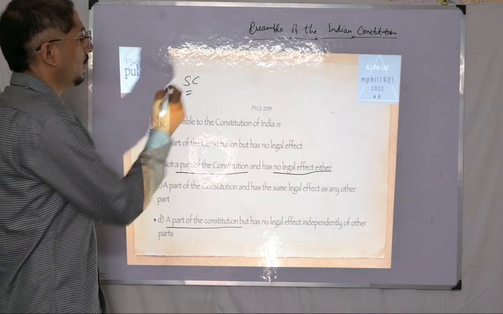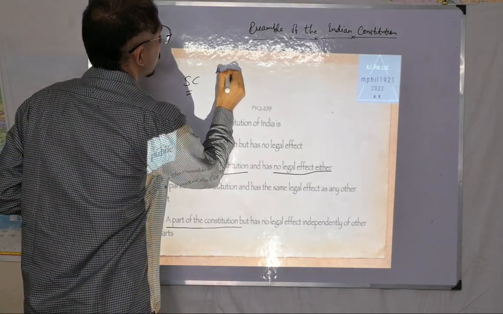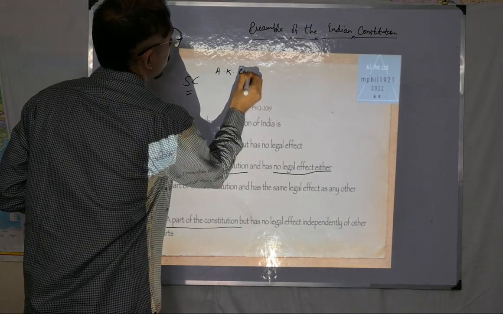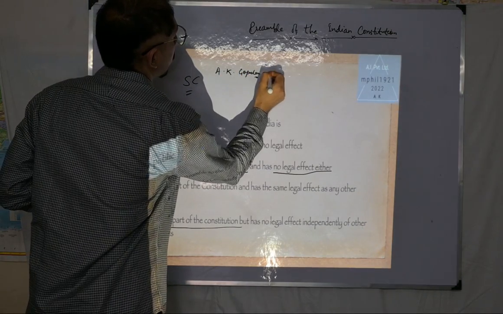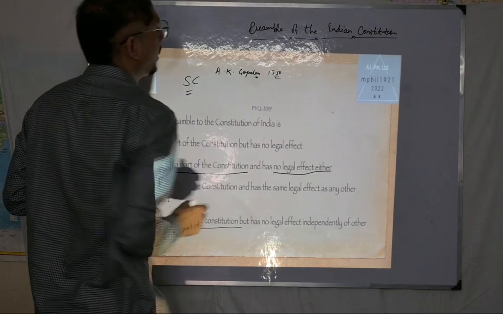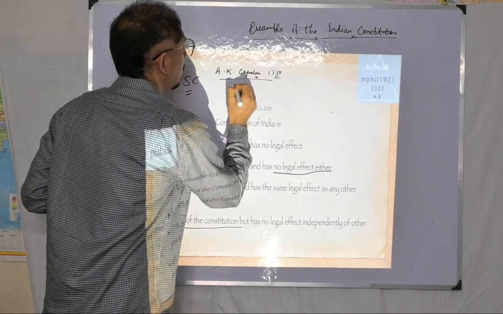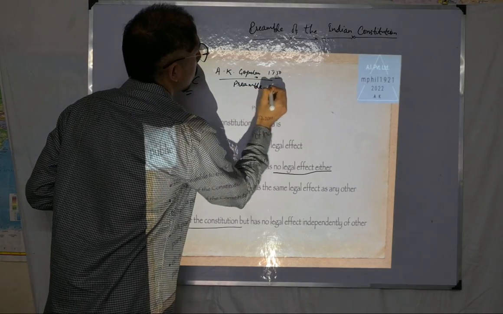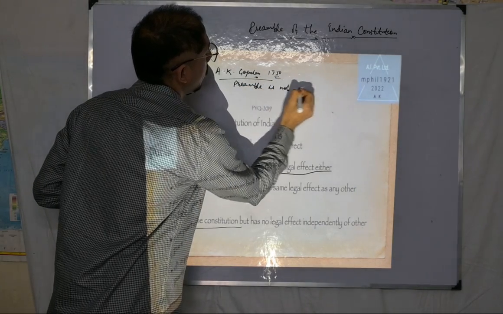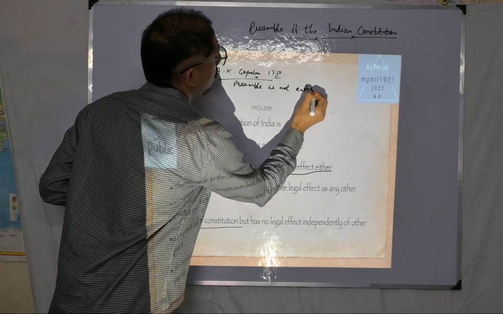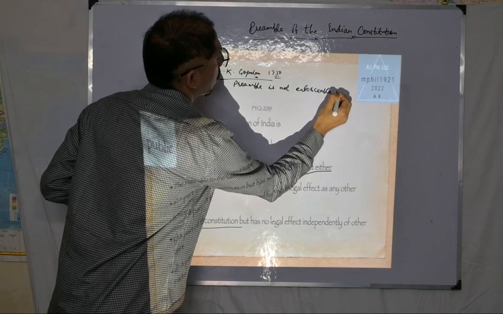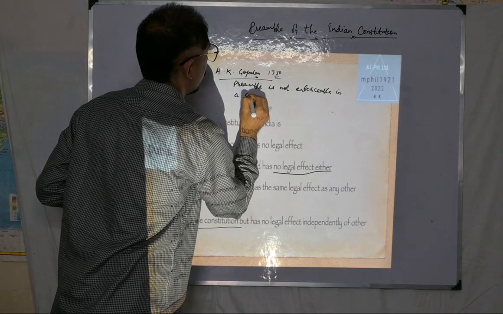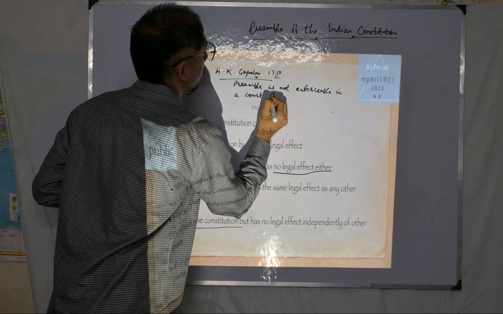One is the A.K. Gopalan case, 1950, where it was said that the preamble is not enforceable in a court of law.